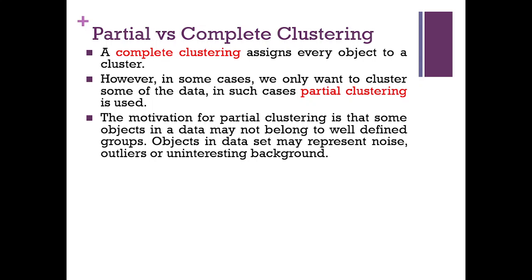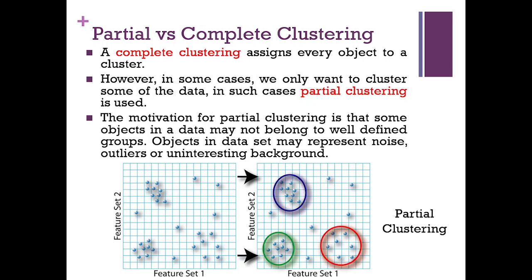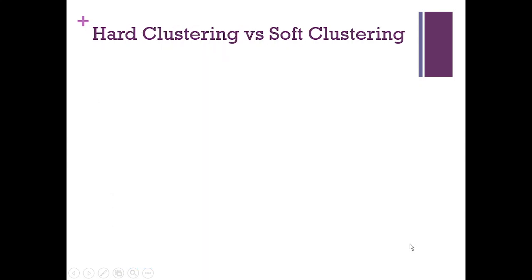Then we would not like to do complete clustering, but we would like to go for partial clustering, because in partial clustering, we only want to cluster some of the data and not all the data. If you see here, all these points are available, and when we form clusters, there are some data points which have not been clustered into any cluster. They do not belong to any cluster. So this is an example of partial clustering.